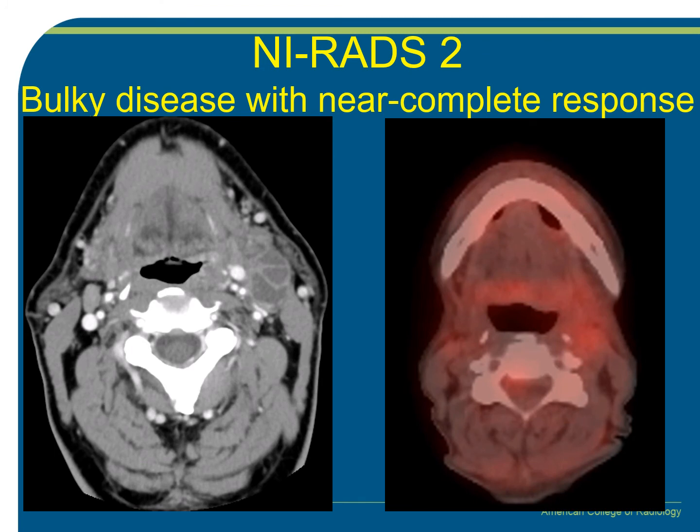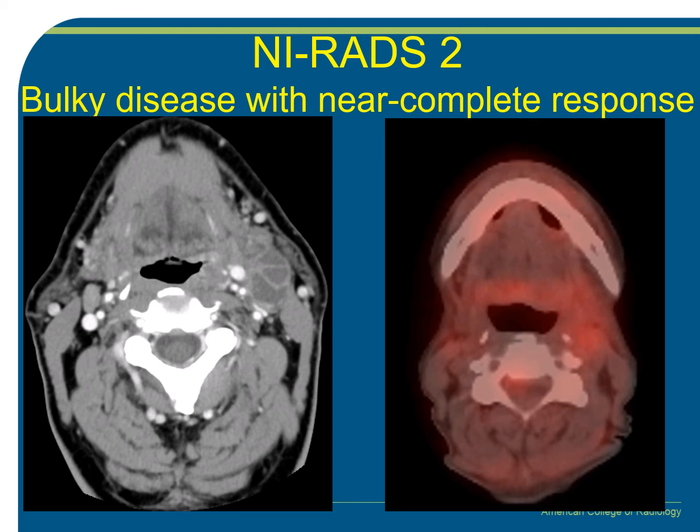Another situation that can be kind of confusing is when we have bulky disease that has near complete response on both CT and PET. So here's a patient with a large lymph node up in level 2, and after treatment, there is still a little bit of FDG avidity there. It's much smaller. It has much less FDG avidity than it did before, but it's not completely resolved in either of the two modalities.